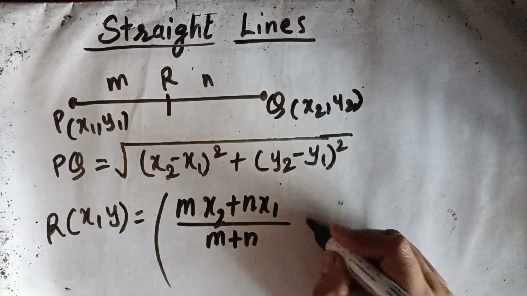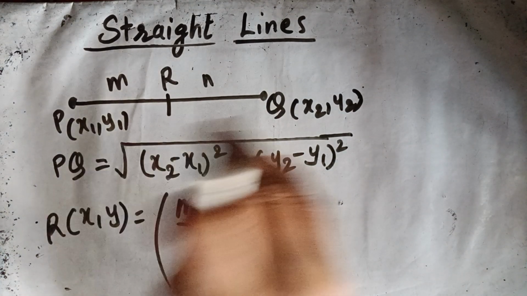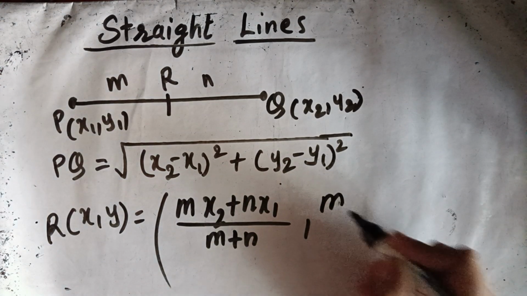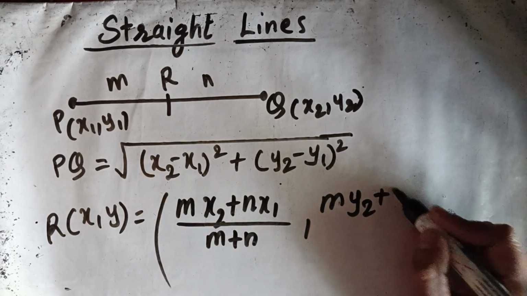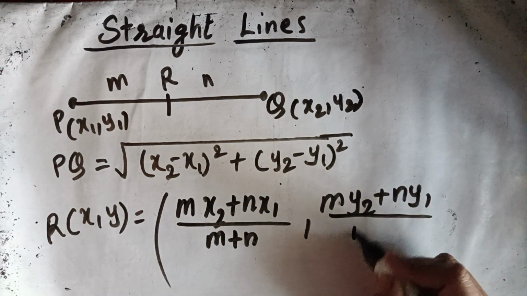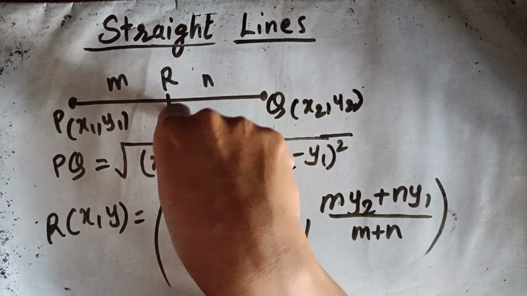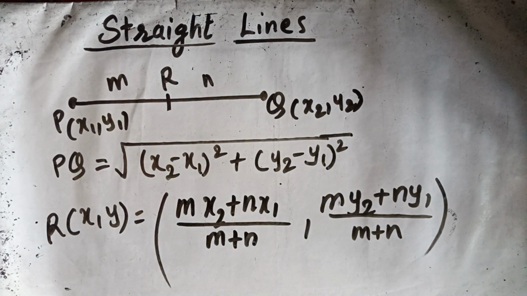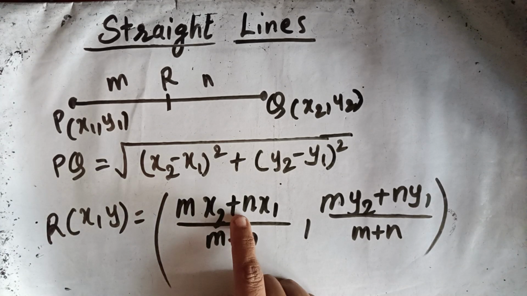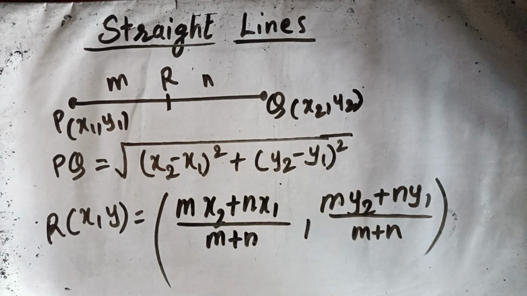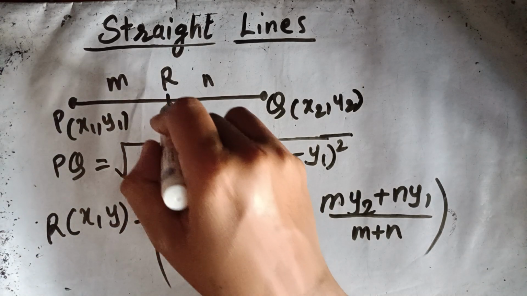This is internal, it divides internally. And y is (m y2 plus n y1) upon (m plus n). This is for a point which is dividing this line internally, and for external division we take the signs as minus.